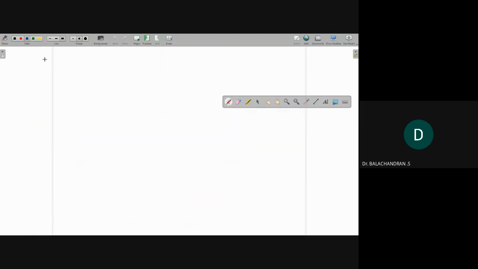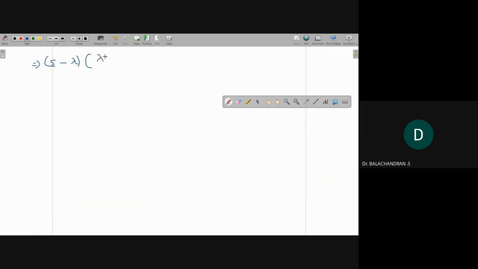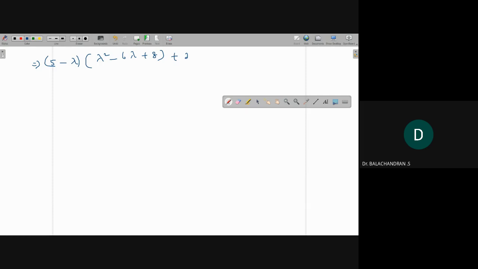Okay, 5 minus lambda, lambda square minus 6 lambda plus 8. Here minus 2, so plus 4 plus lambda. So 2 lambda plus 2 lambda minus 4 plus 2 lambda minus 4 is equal to 0.